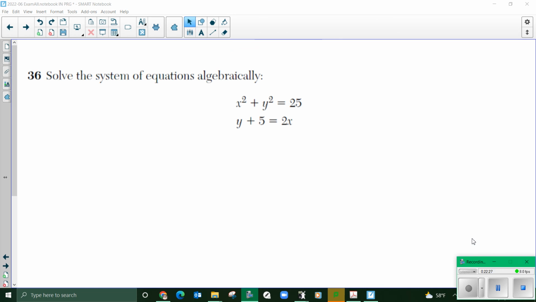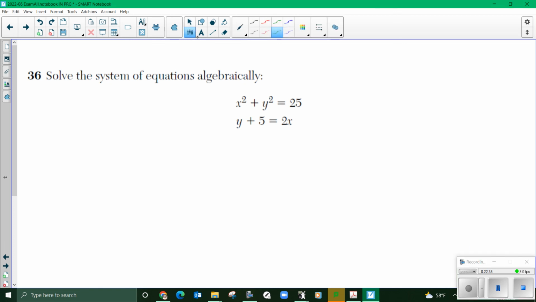Number 36, solve the system of equations algebraically. All right, this is going to work out really nice because I do these problems beforehand anyways. I'm going to use substitution, which means I'm going to subtract 5 from both sides here. So y is going to equal 2x minus 5.